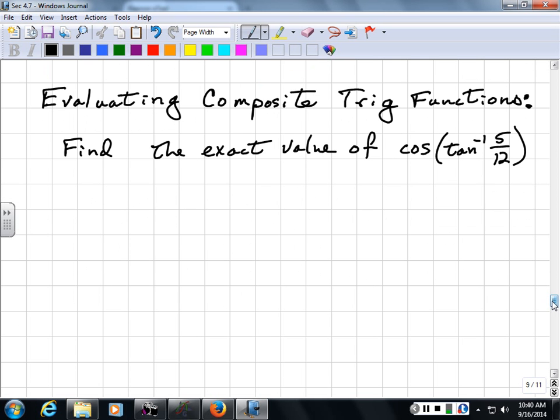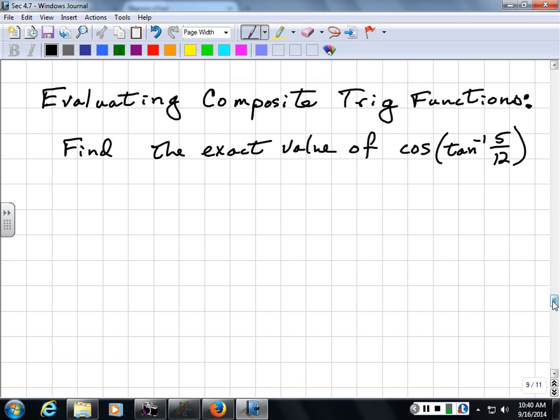Let's go ahead and find the exact value of the cosine of the inverse tangent of 5 over 12. Go ahead, put it in your calculator. Let's see what we get. We got the cosine. Of course we're in radians. What'd you get, Jesse? Okay.